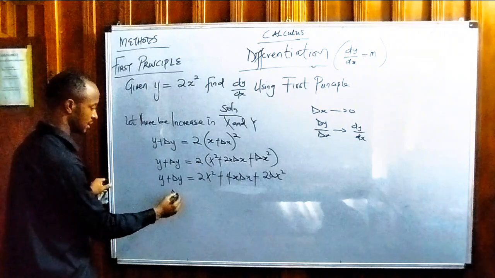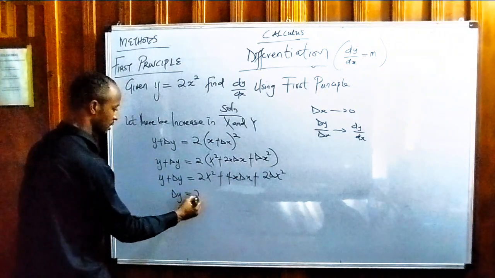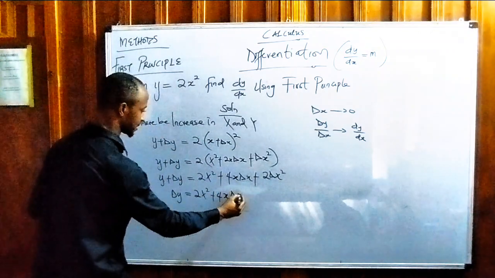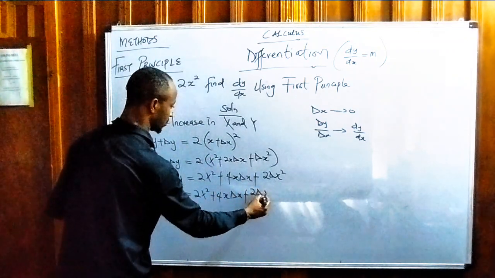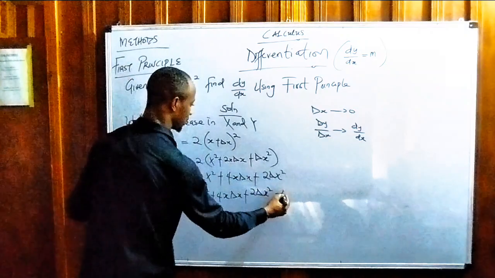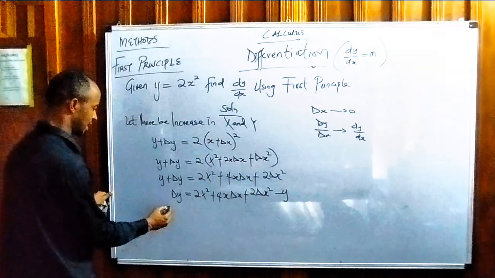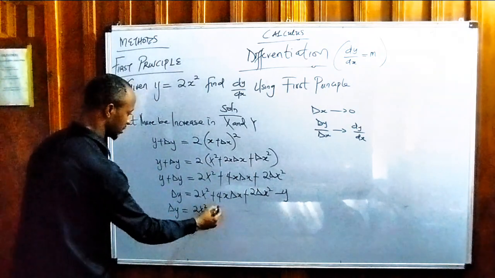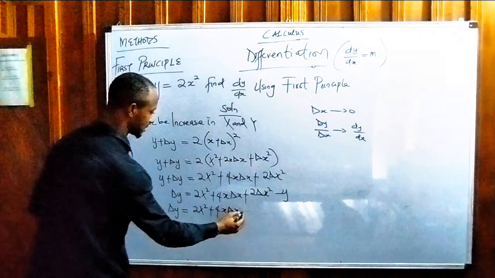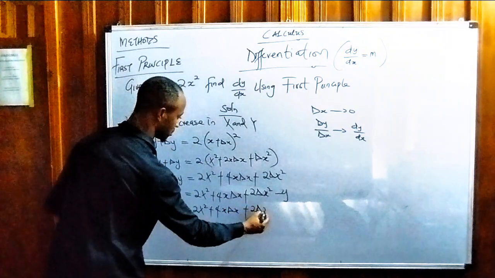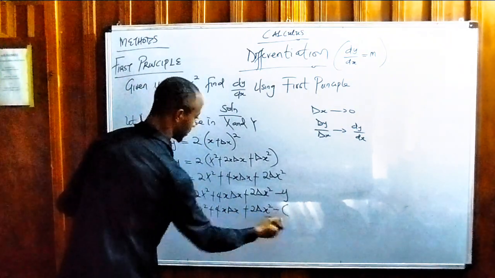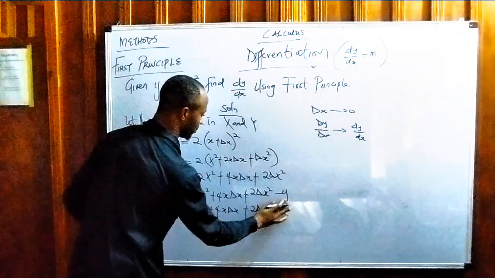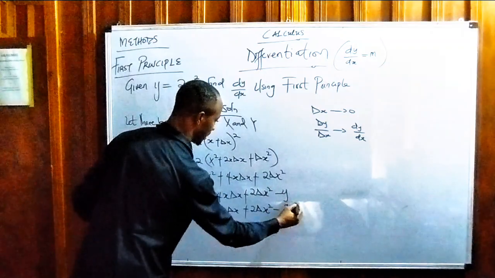This will give us delta y equals 2x squared plus 4x delta x plus 2 delta x squared minus our y. The value of y here is 2x squared, so I'll put the value of y as 2x squared.